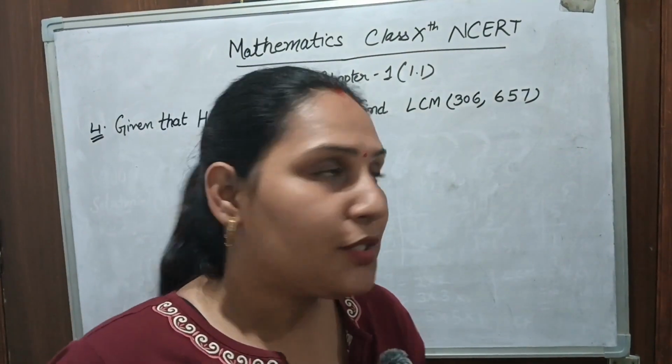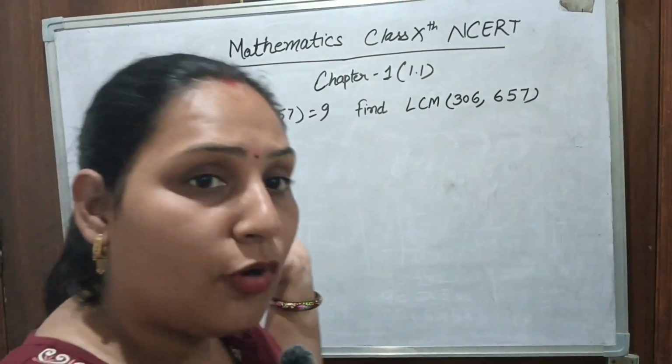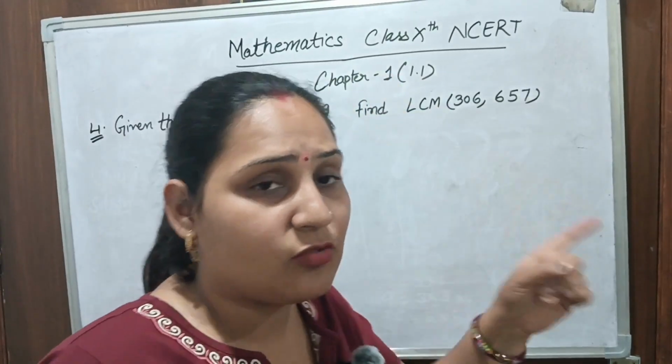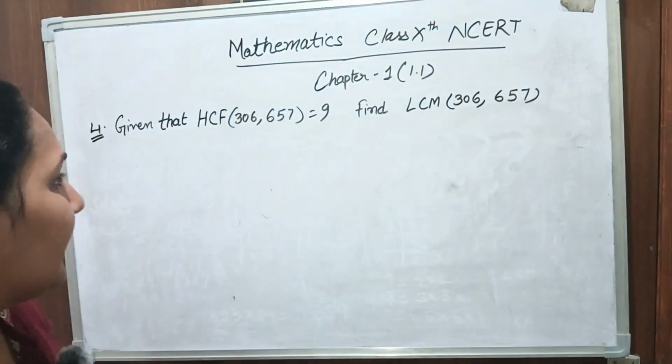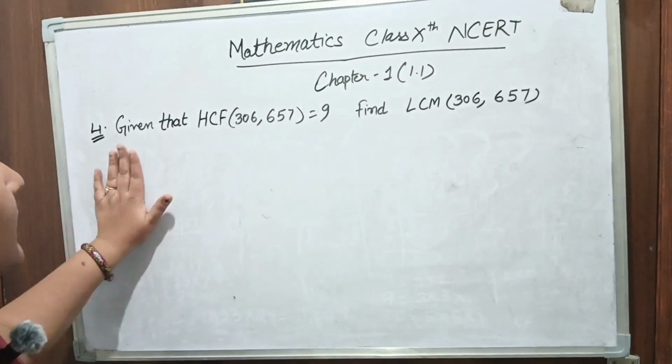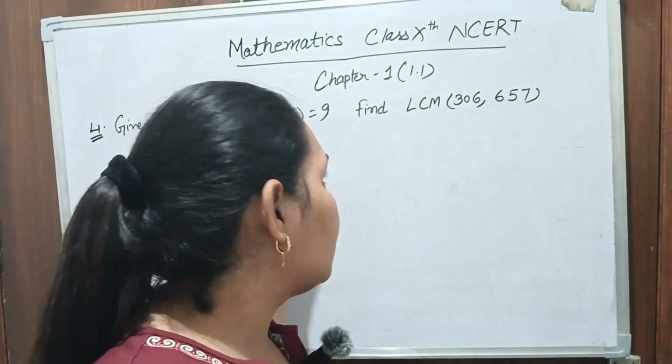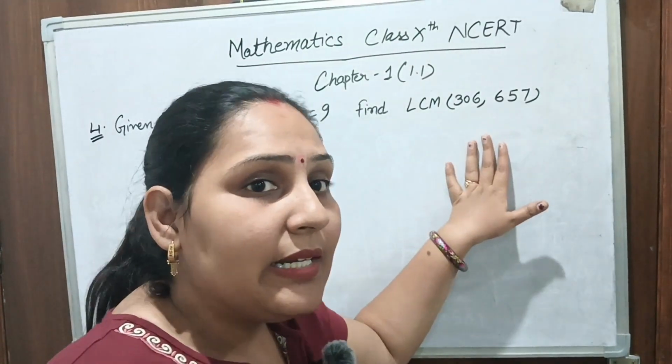Hello students, today we will solve question number 4 of chapter 1 exercise 1.1 class 10th NCERT mathematics. Our question gives the HCF of two numbers and we have to find the LCM.